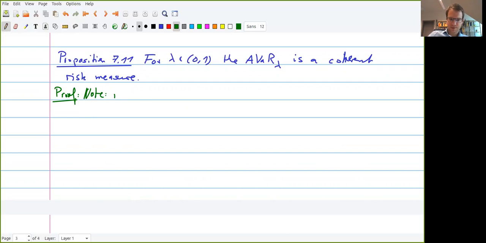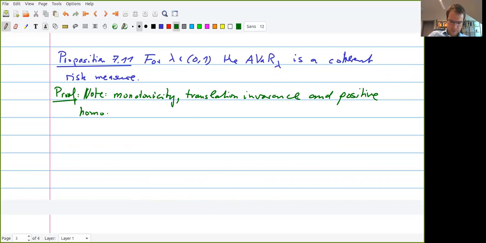Okay, what do we know? First thing, monotonicity, translation invariance, and positive homogeneity follow from the same properties of the value at risk.